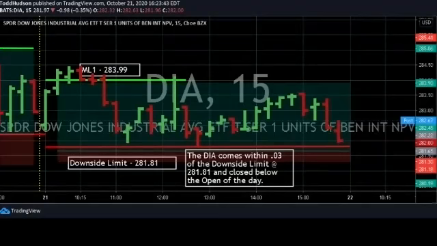The DIA actually came within 3 cents of the downside limit. That downside limit is basically halfway the distance from the MS1 to the open, divided by 2. So basically it's just the calculation divided in half.